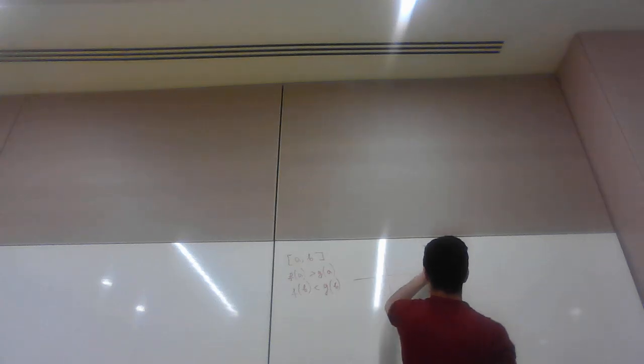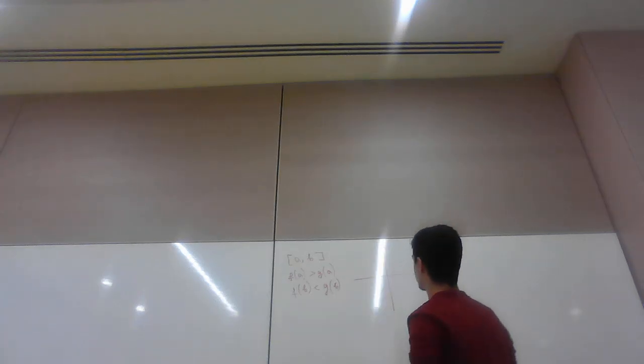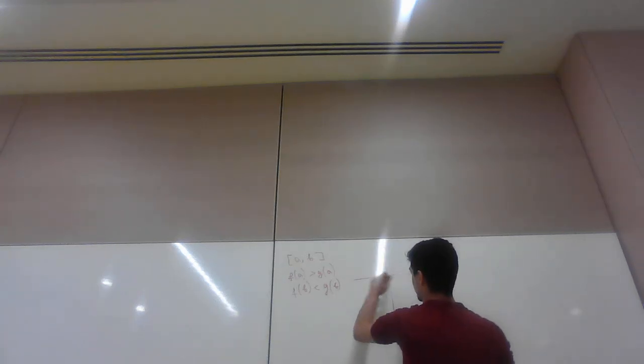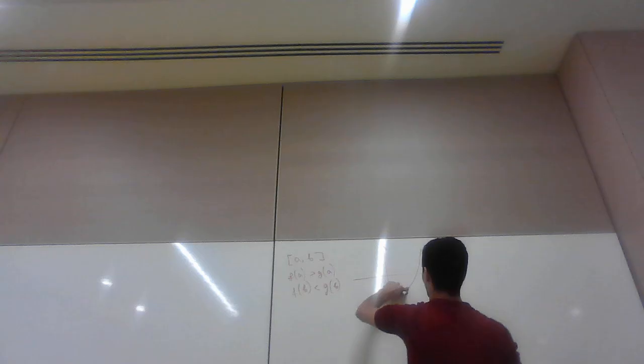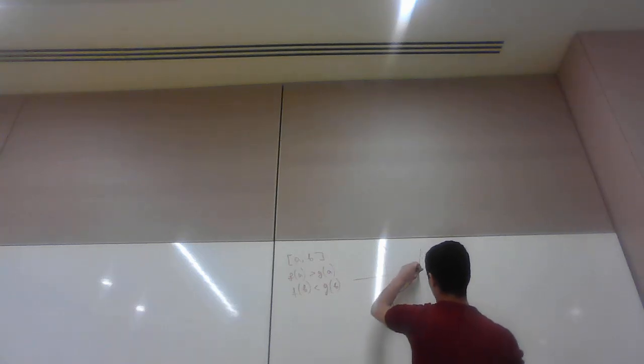For example, to visualize this, let's say that GA, the G function, is like this.